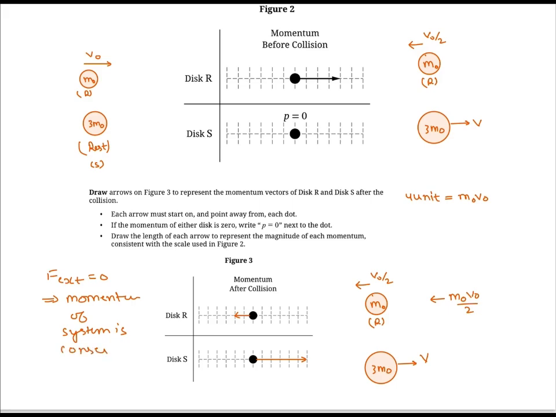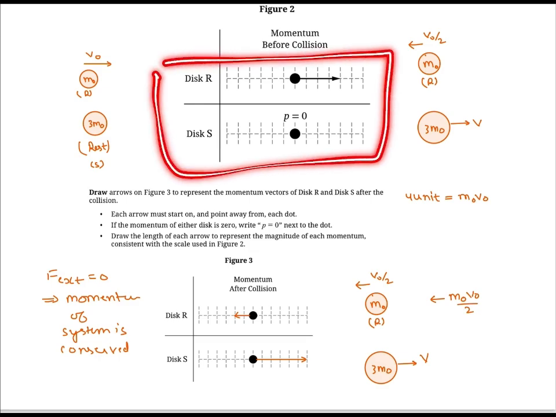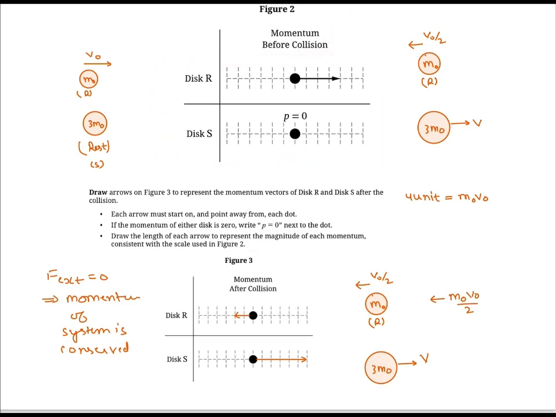That is, momentum before collision should be equal to momentum after collision. I am talking about the system which consists of disk R and disk S. What was the initial momentum of the system before collision? It was 4 units towards the right. So after collision also, the momentum of the system should be 4 units towards the right.